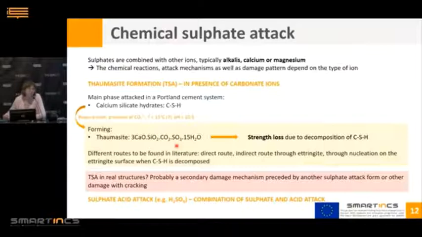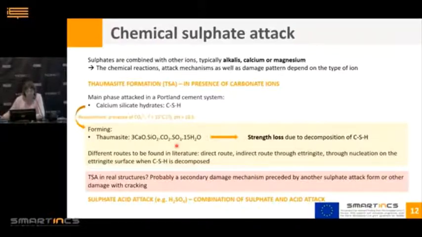So internally, you can have it because of carbonation. We have seen that if the pH decreases, what is happening in case of carbonation, the ettringite becomes unstable, and in that way you have sulfates being present in order to form the thaumasite.